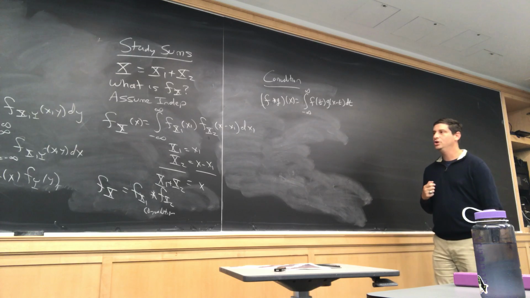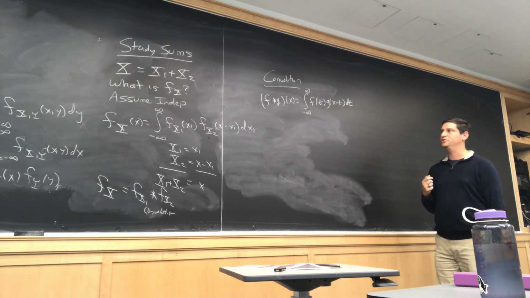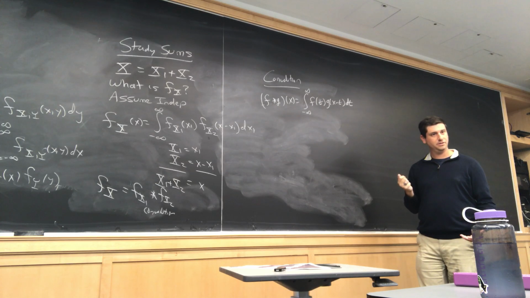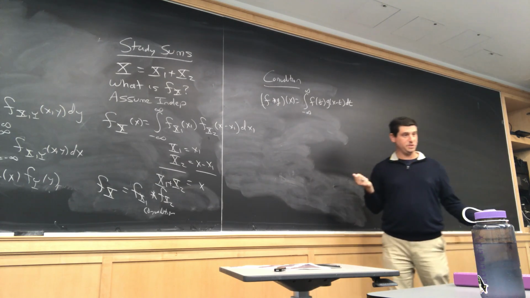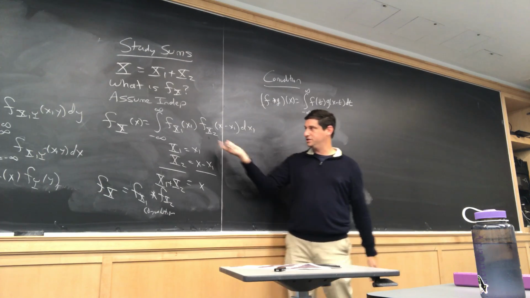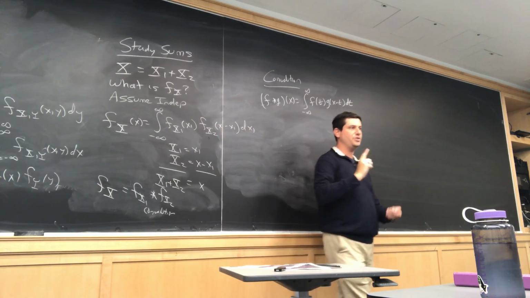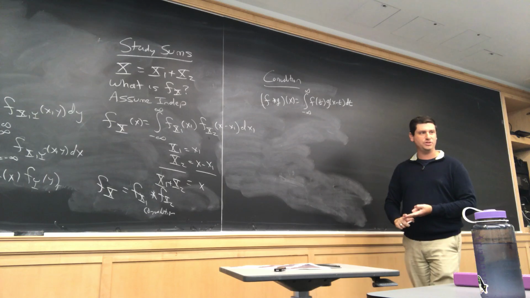So if we assume things are probability distributions, what should be true about the convolution? Should it be a density? It should be a density, right? Because if I'm claiming that this is the probability that X1 plus X2 equals x, then it has to be a density. So we have to show that it's non-negative and that it integrates to 1.